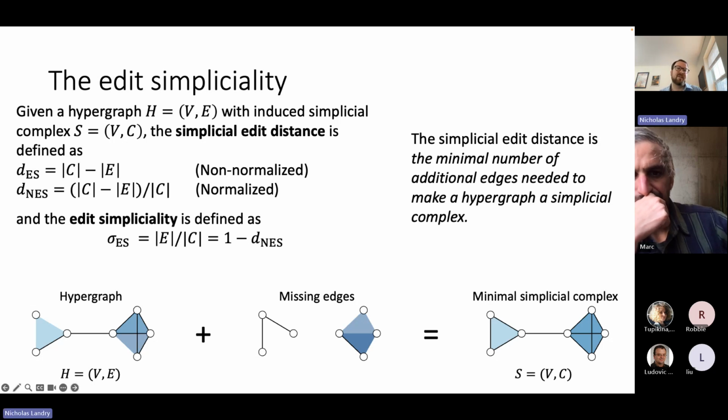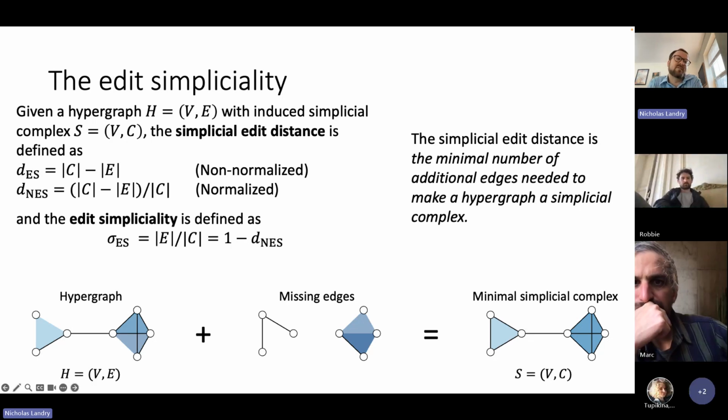That number is the simplicial edit distance, which is simply the number of edges in that simplicial complex minus the number of edges in my original hypergraph. And I can normalize that by the number of edges in the simplicial complex. We use that to define the edit simpliciality, which is simply the number of edges in the hypergraph divided by the number of edges in my simplicial complex. Okay.